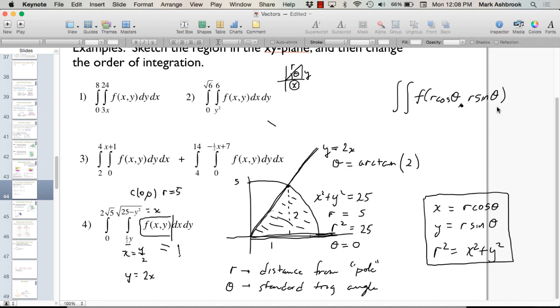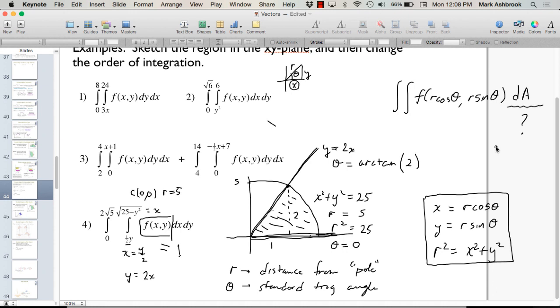So we need that function, our integrand, transferred or interpreted in terms of r and theta. Okay, so then the question is, what is dA? Is it just dr d theta? And then what's the order? So we have some issues here, right? So this is how we want to think about that. Got a little animation for you to think about double integrals.